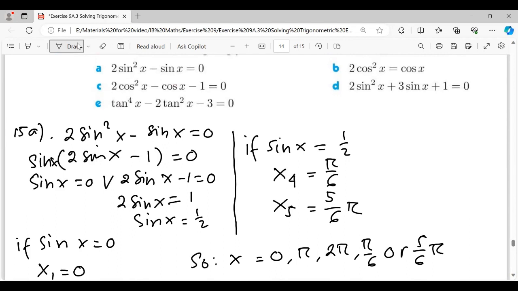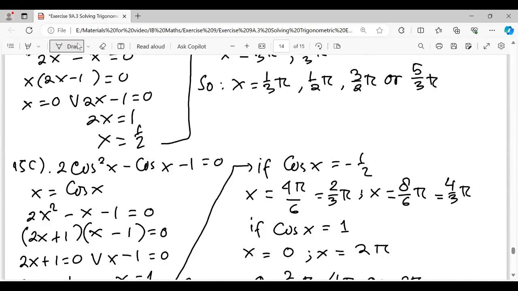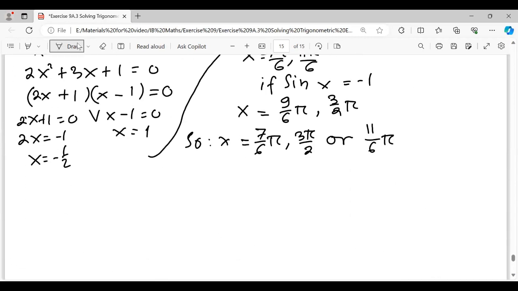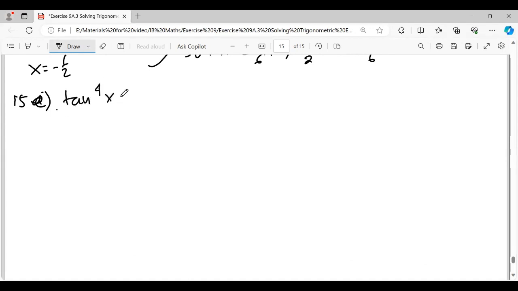Tangent power 4 x minus 2 tangent squared x minus 3 equals 0.